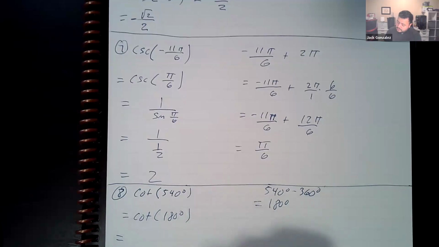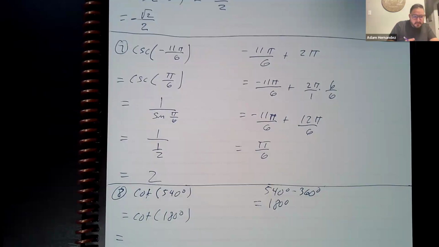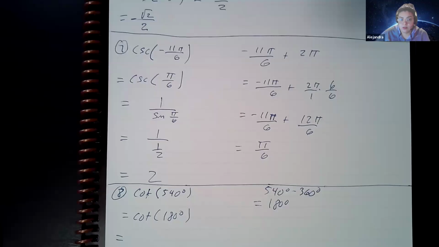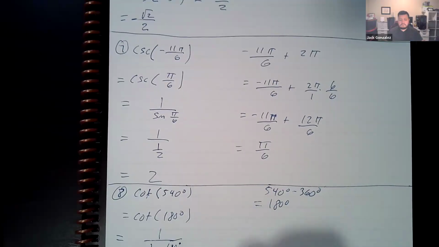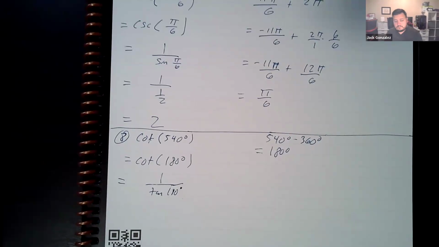What is cotangent at 180? It's the reciprocal of tangent, right? So that would be 1 over tangent 180. And 180 is negative 1 comma 0, right?